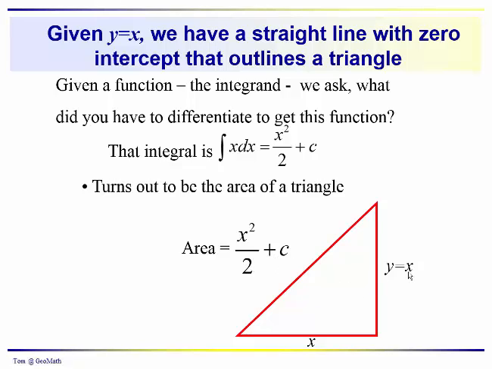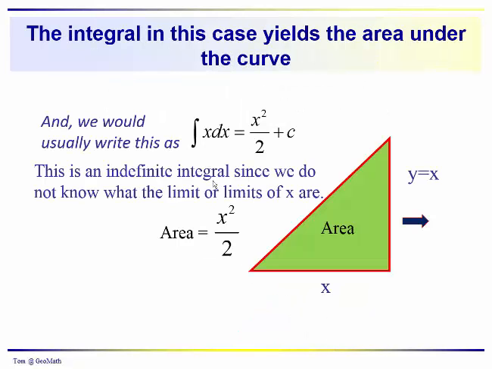Well, we really don't know what the limits are. So how big is this triangle? What is c? How far out does x go? So we have the area under a curve. That's the result of integration in this case. We have x is just a straight line with a zero intercept, right?